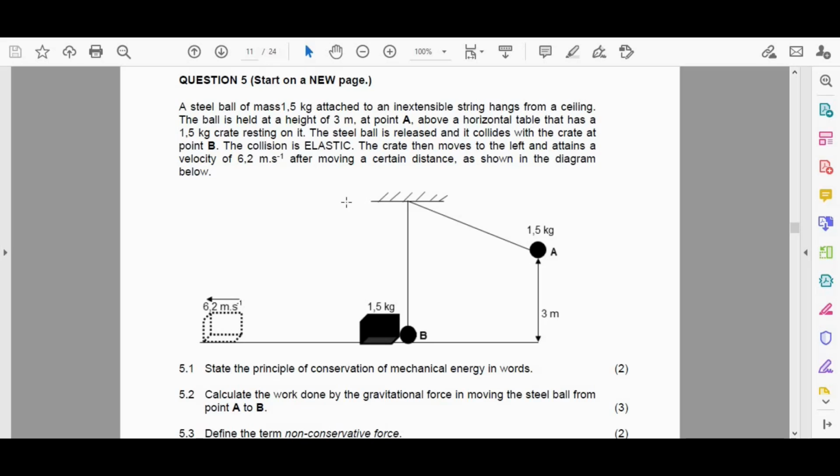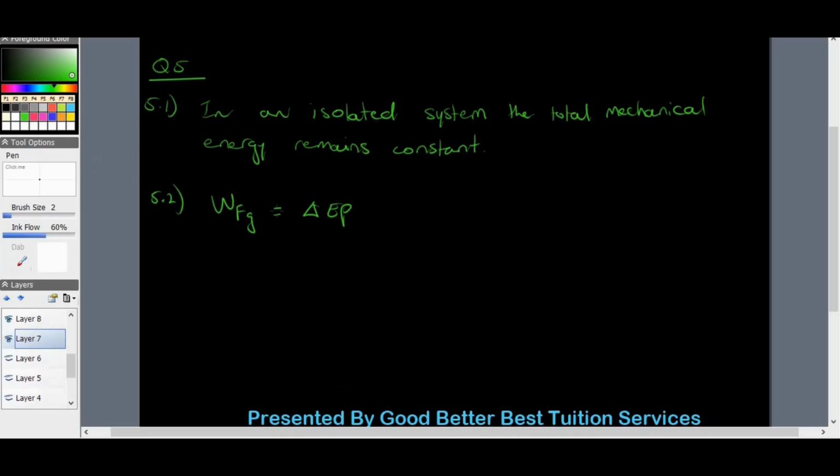It is attached from the ceiling and then goes down, so it's in the opposite direction already.